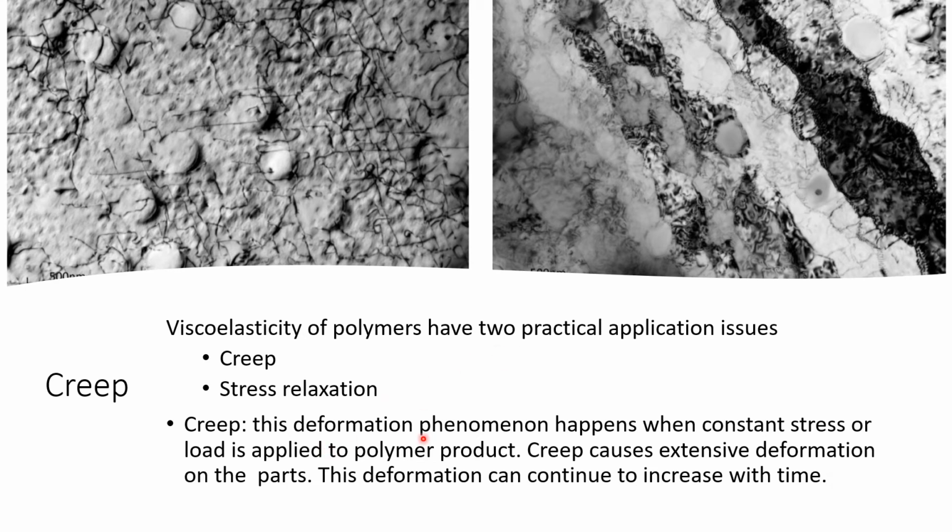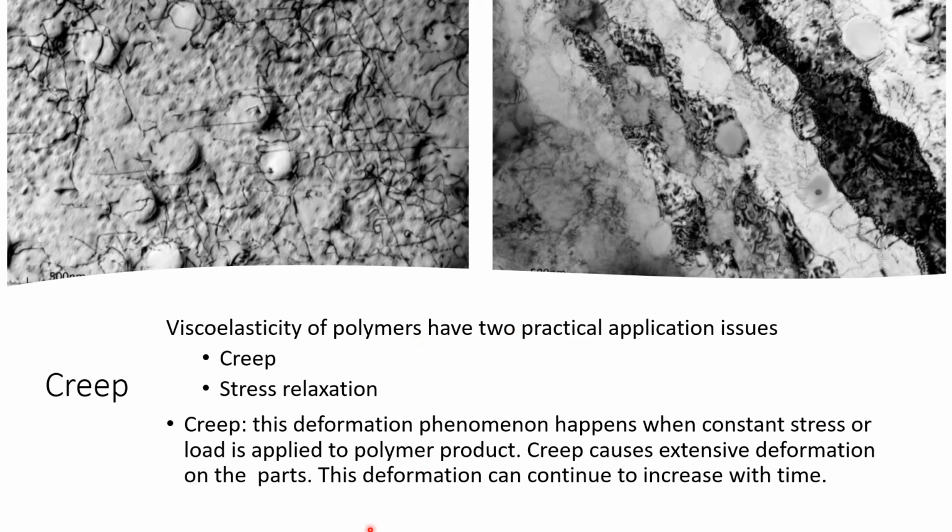So creep is just a deformation phenomenon, and it happens when we apply a constant stress or load to a polymer. Creep causes extensive deformation on the parts, meaning it's going to deshape your plastic if you put some heavy load on it.